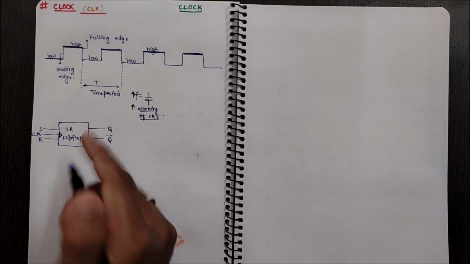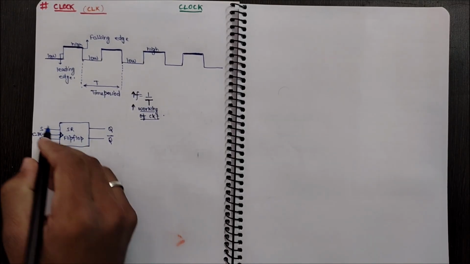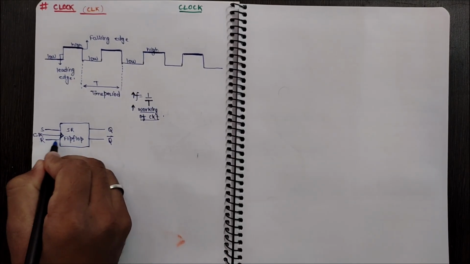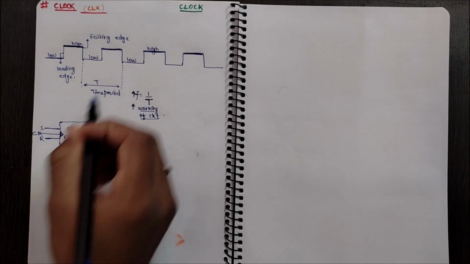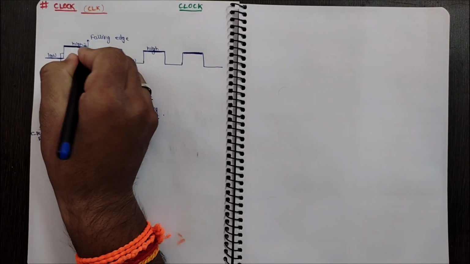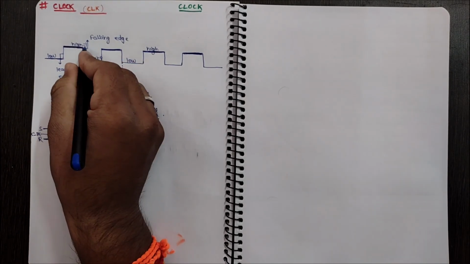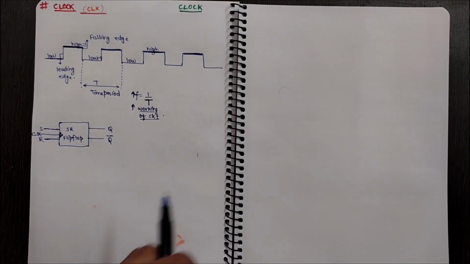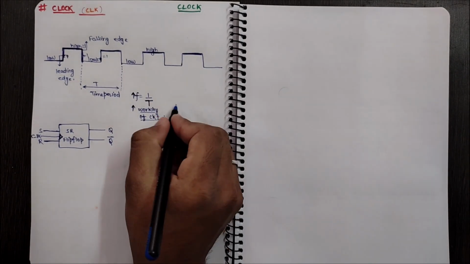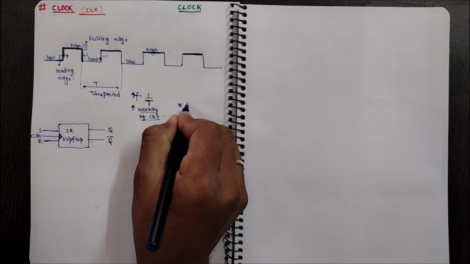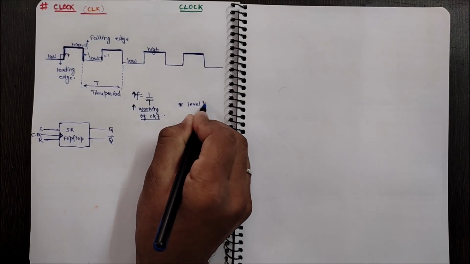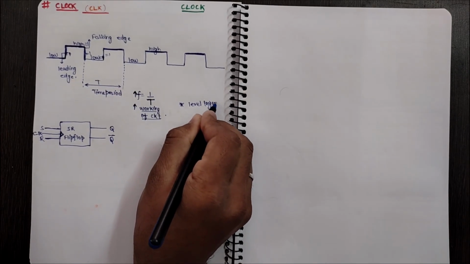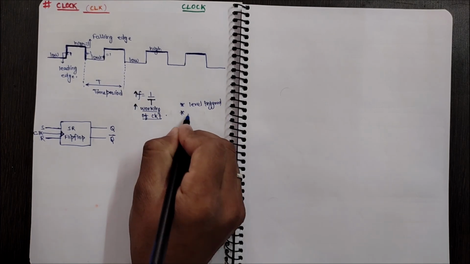As I have already said, the clock is used to control the input. When the clock signal is high it means 1, low means 0. When it is 1, only then the flip-flop will work, otherwise it won't work. There are two types of technique we generally use, called level triggered or edge triggered.